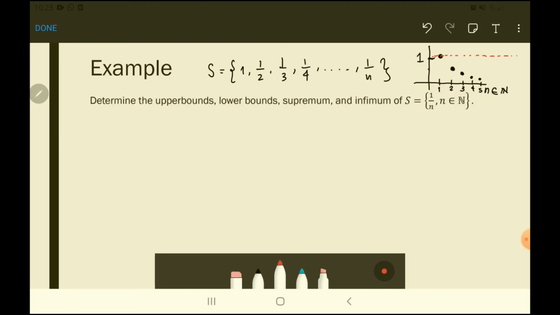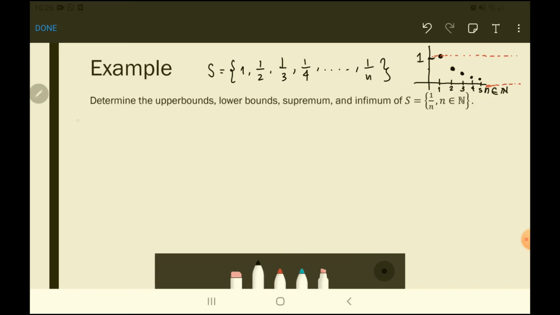So by this visualization, intuitively we know that this set is bounded. It has an upper bound, but it also has a lower bound. But we need to determine what the upper bounds and lower bounds are. So the visualization indeed helps us.